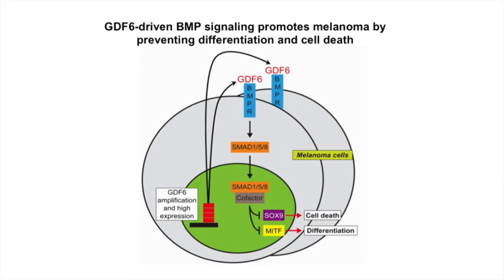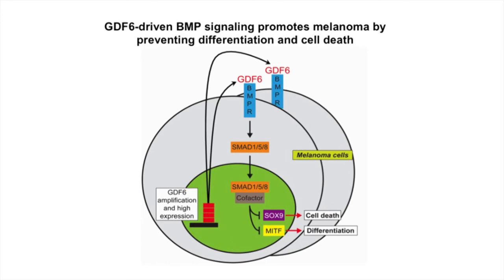And when it does that, it can affect the expression of genes downstream through bone morphogenetic protein signaling pathways. One of the genes that it affects is MITF, so it can turn off MITF, and this gene is a master regulator of melanocyte differentiation. So what GDF6 does is it prevents the differentiation of melanoma cells and keeps them in a state where they can divide more and more.